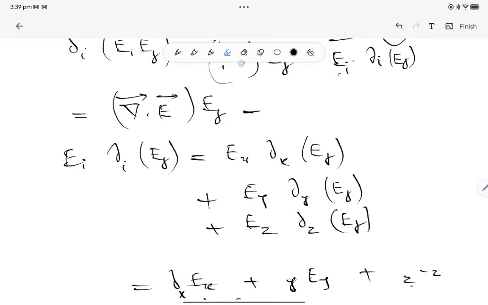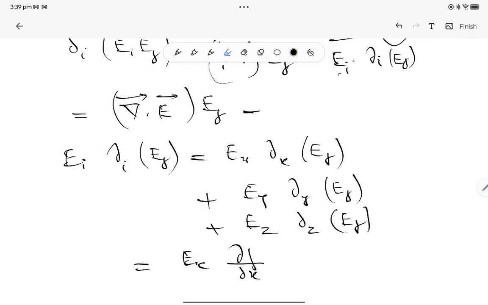We are taking j as constant and summing over i. Now this expression we can write for your convenience as E_x del by del x E_j, then E_y del by del y E_j, then E_z del by del z E_j.